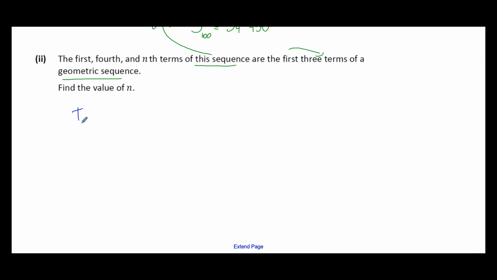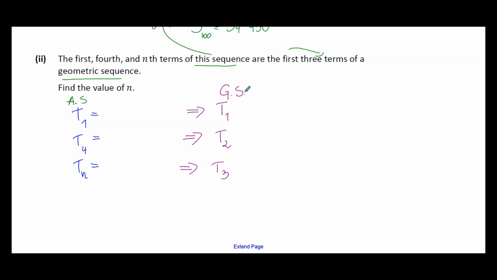So the first, the fourth, and the nth of this arithmetic sequence, so this is an arithmetic sequence, the first 3 become term 1, term 2, and term 3 of a geometric sequence.